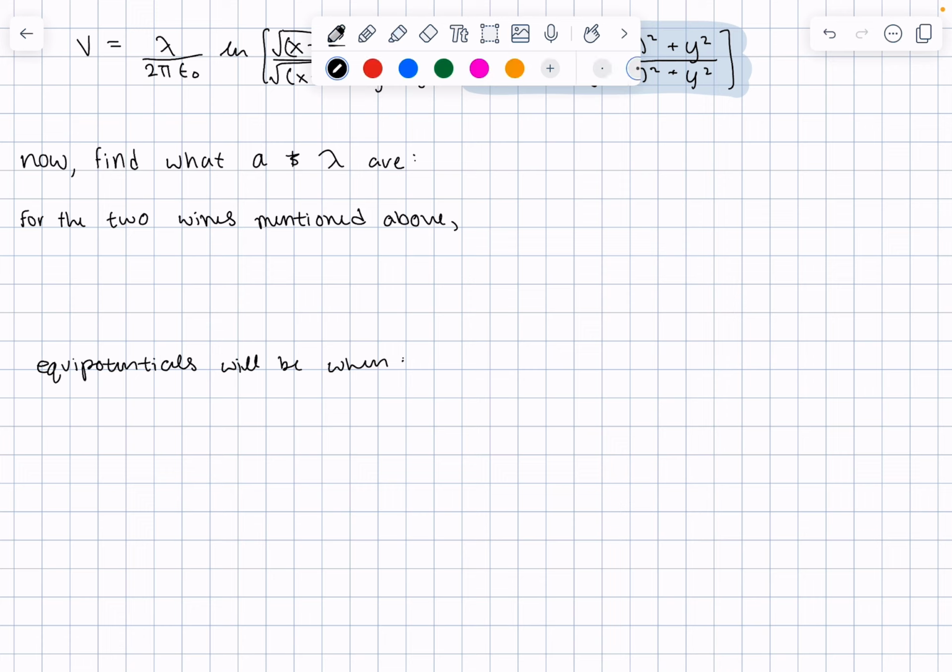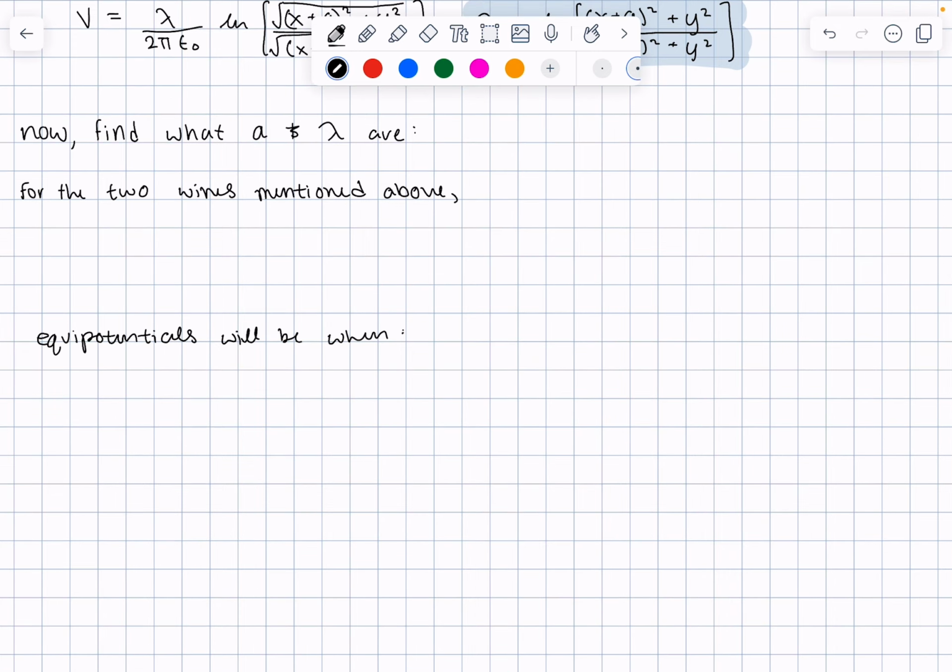All right, so to find out what a and lambda are, for the two wires mentioned above, we can just rewrite this equation as V times 4 pi epsilon naught over lambda is equal to ln of x plus a squared plus y squared over x minus a squared plus y squared.